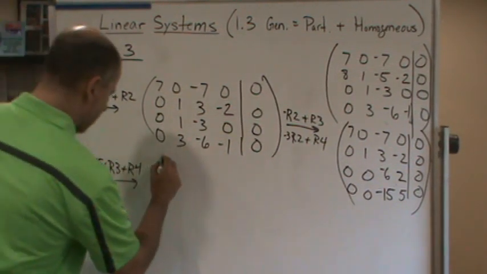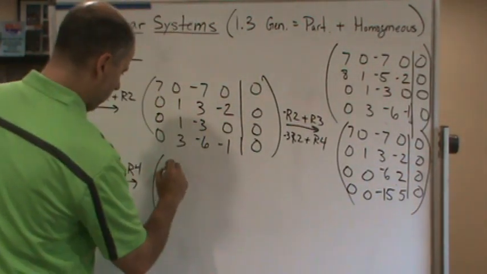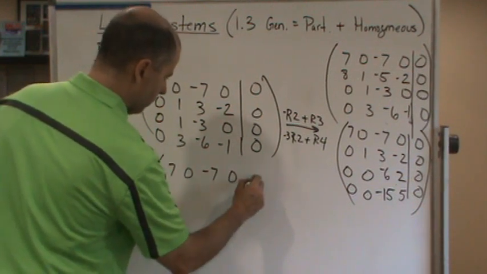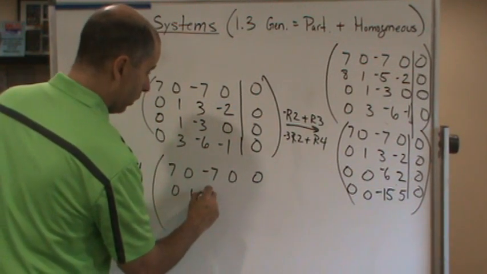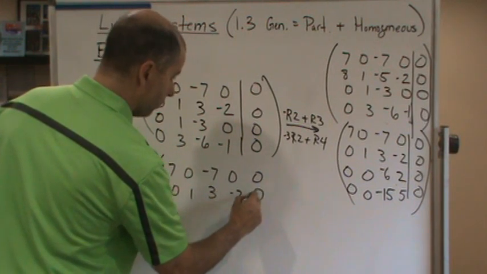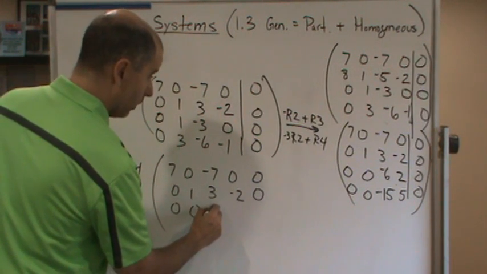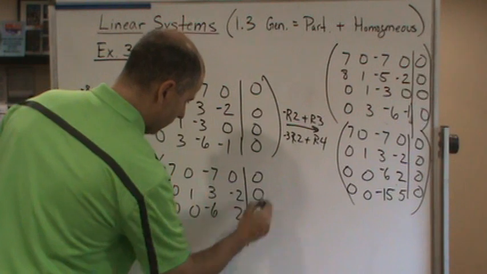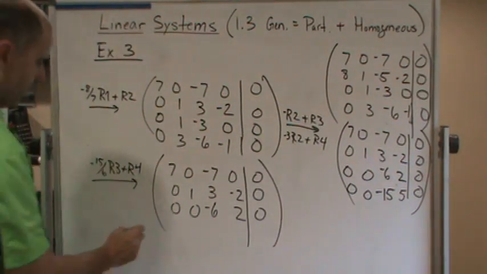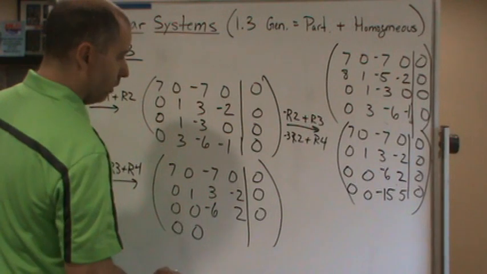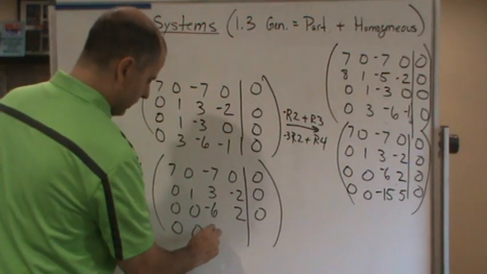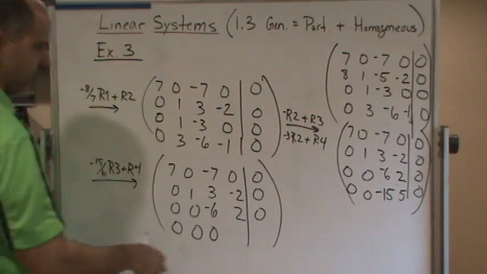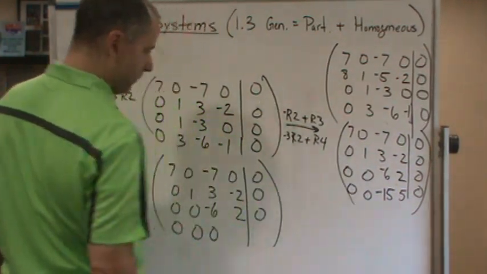Okay, so again, I'm just going to copy the first 3 rows, right? So 0, 1, negative 7, 0, 0, 0, 1, 3, negative 2, 0, 0, 0, negative 6, 2, 0, right? And then the last row is just going to be 0, 0, and then of course this is going to end up being 0, because negative 15 sixths times negative 6 is negative 15, and 15 minus 15 is 0.